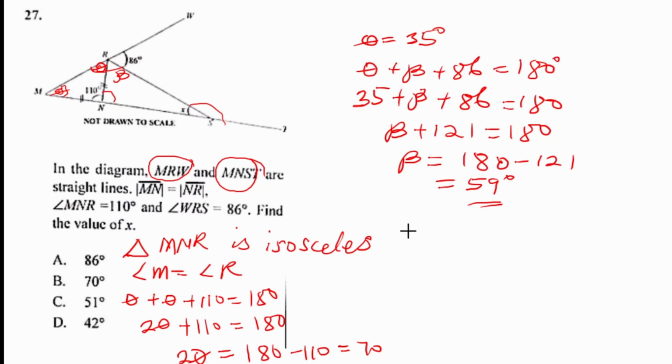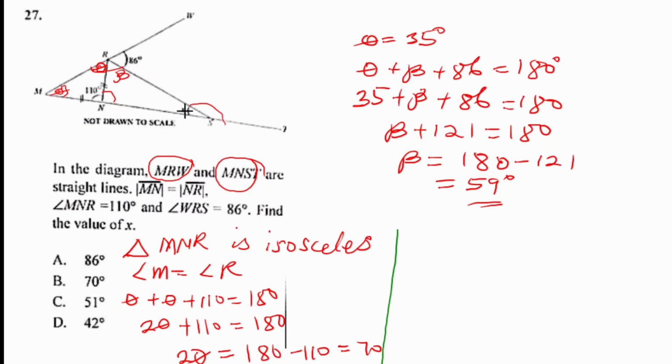I would like to first use the exterior angle theorem. The exterior angle theorem says that the sum of two interior angles of a triangle is equal to its remote exterior angle. What does that mean? It means that when you take any two interior angles of a triangle and add them, the answer will be equal to the exterior angle of the third one that you didn't take. So this is what I mean.